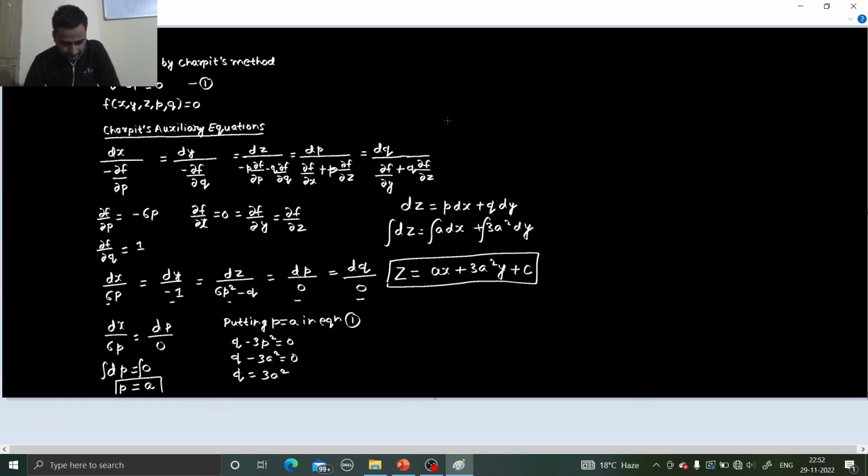Find del f by del p, del f by del x, del f by del y, and so on. Because these two were 0, our life was simpler. Just p became equal to constant, which is a. Put that back in equation number 1, so you get q equals to 3a square, and then dz equals to p dx plus q dy. There you integrate both sides, so you get z equals to ax plus 3a square y plus c as your final answer. That's it from my side.